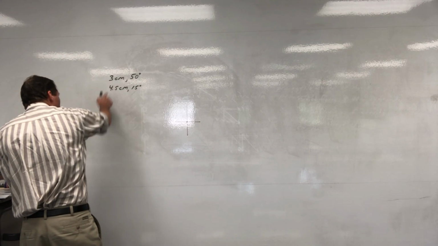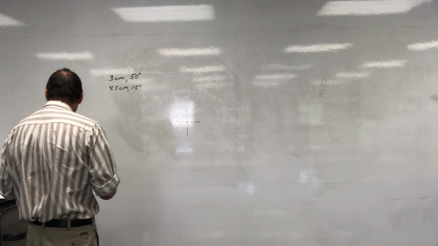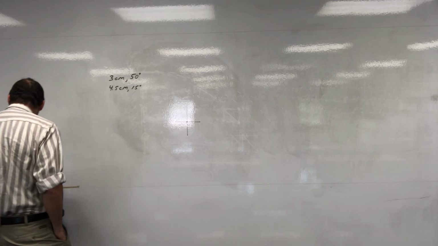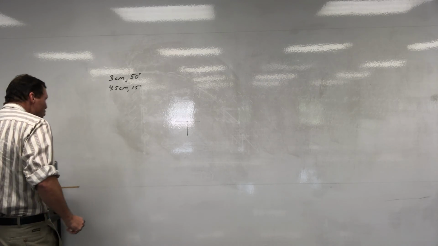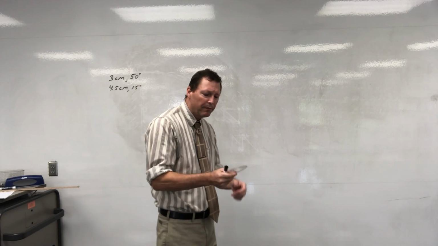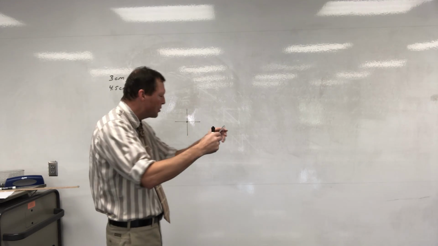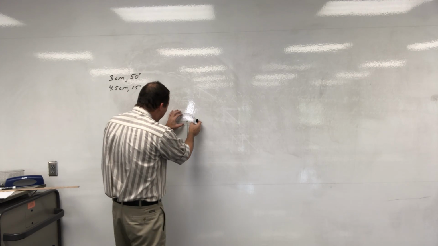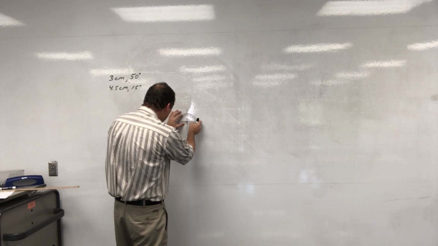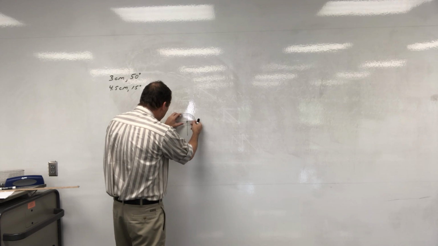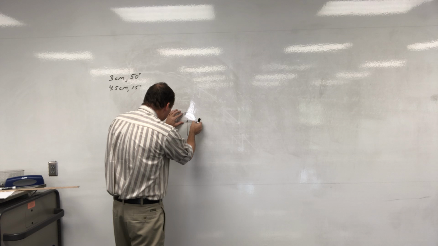And my first vector is going to be 3 centimeters at 50 degrees. So I'm going to get my protractor, and this one has a little tiny hole at the bottom, most do, and I'm going to put that right at the origin. So there I go.